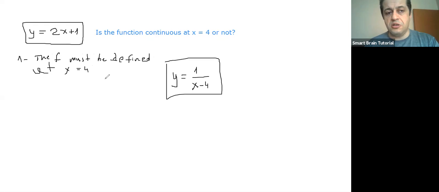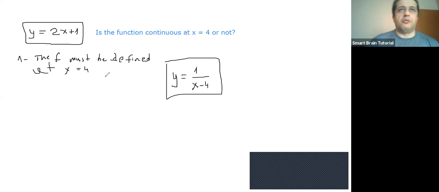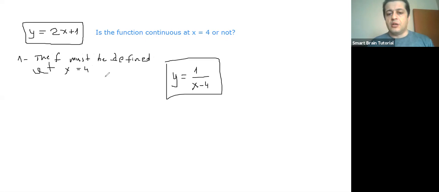Is there any problem if we replace x with 4 in our function? No. If we have this function here, it is a problem if we replace x with 4 because we cannot divide a number with 0.